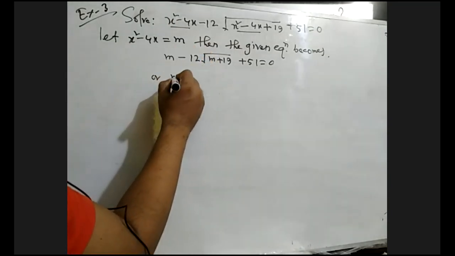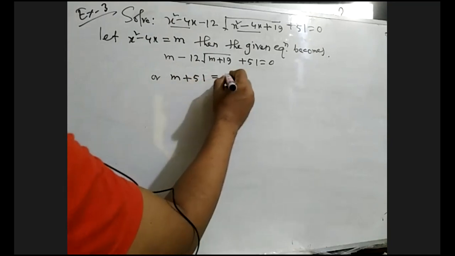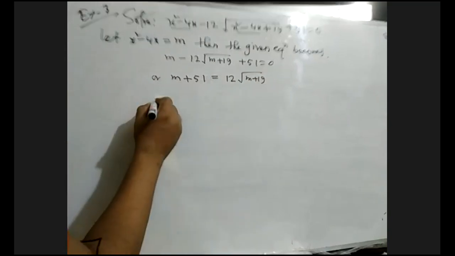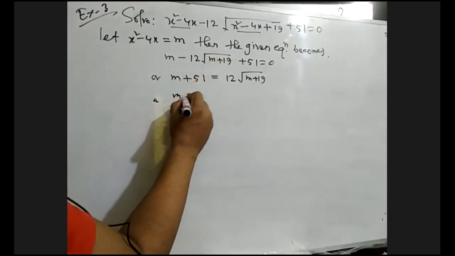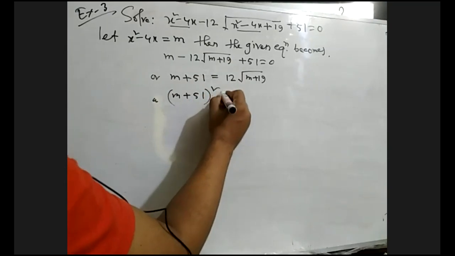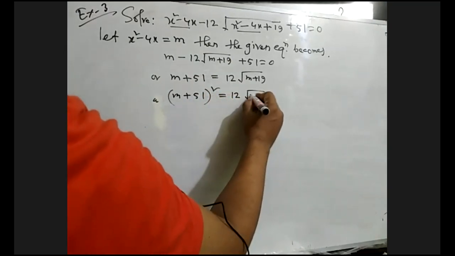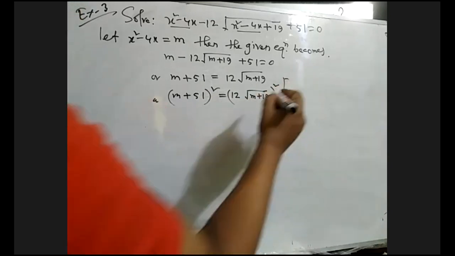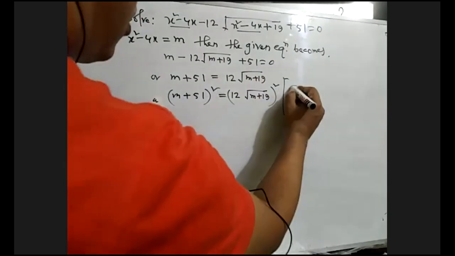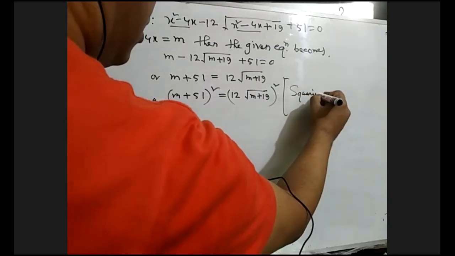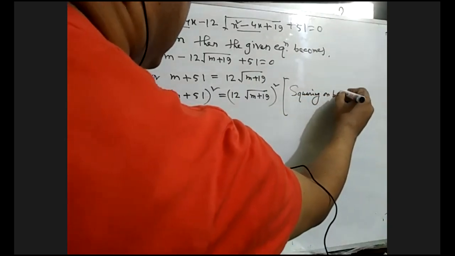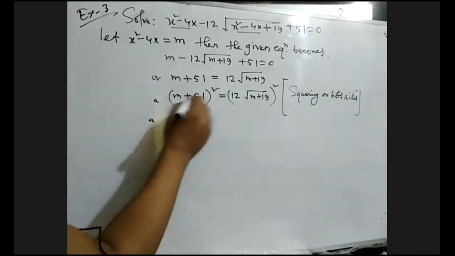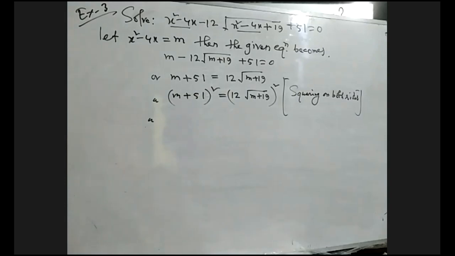So m plus 51 equals 12 times root of m plus 19. Now squaring on both sides. So this is actually m plus 51 whole square.